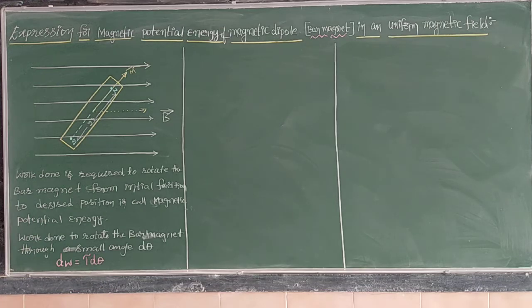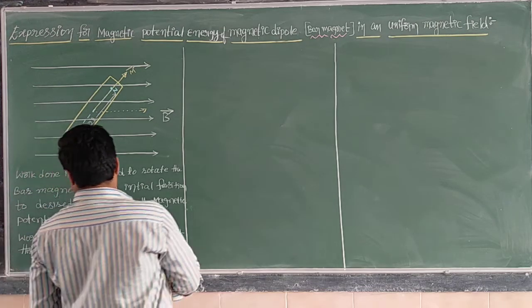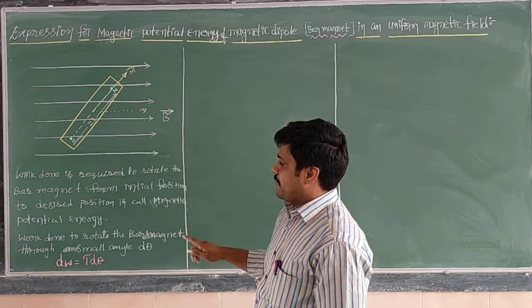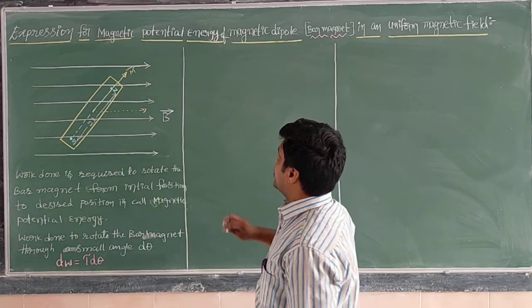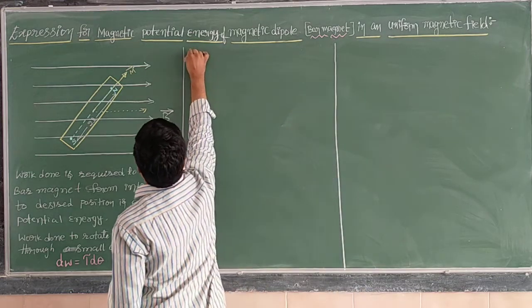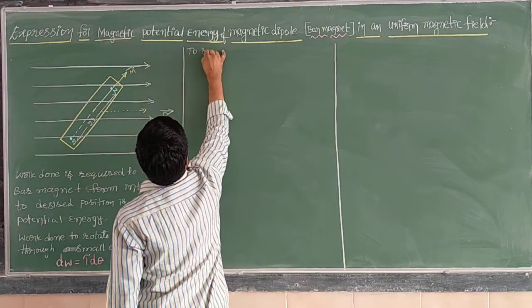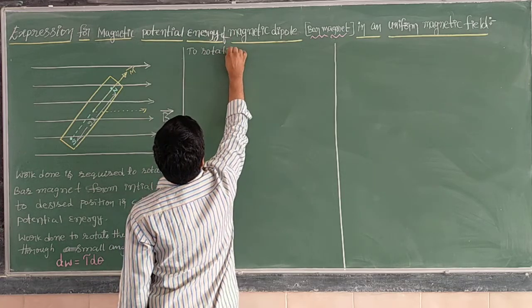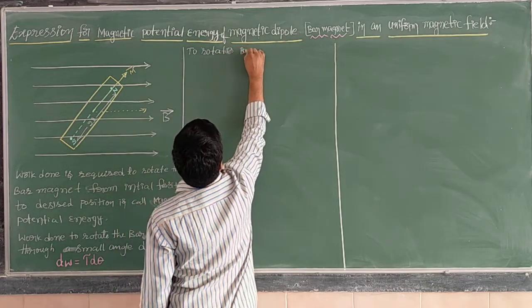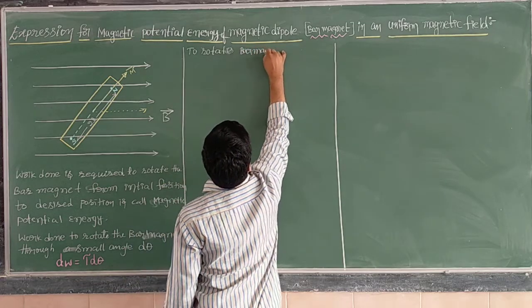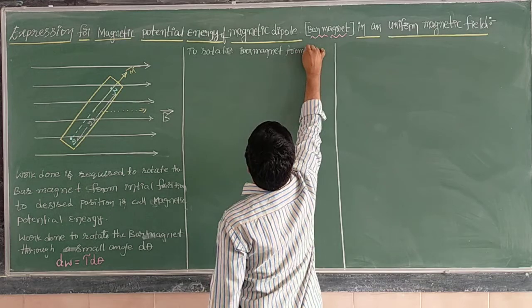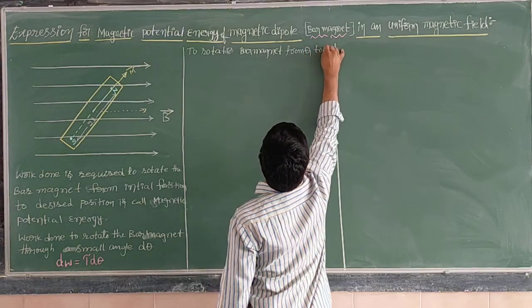Now to rotate the bar magnet from an angle theta 1 to theta 2, what is the total work done? The total work done means you integrate dW from theta 1 to theta 2.